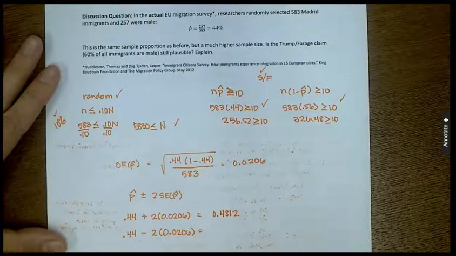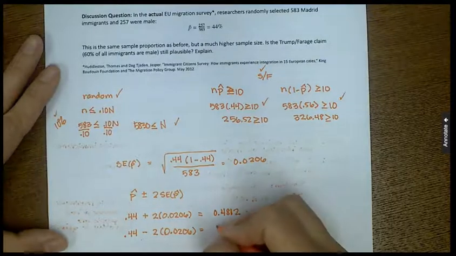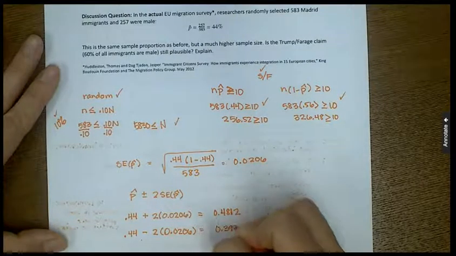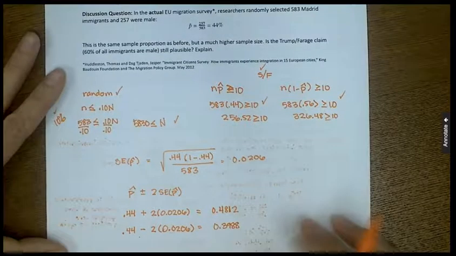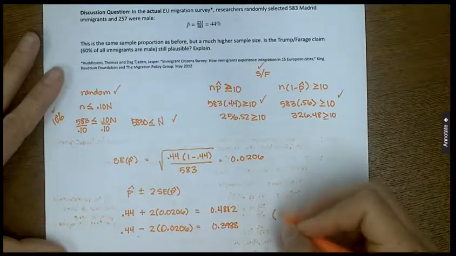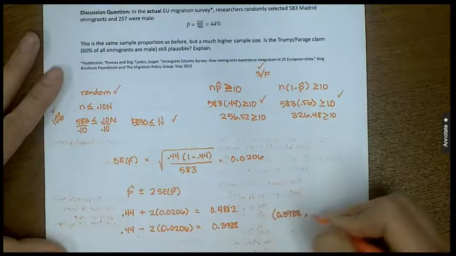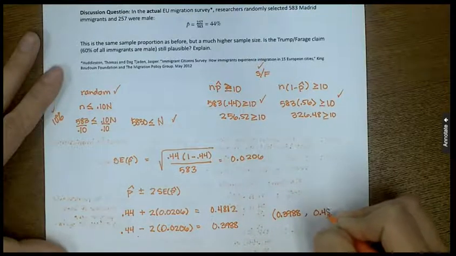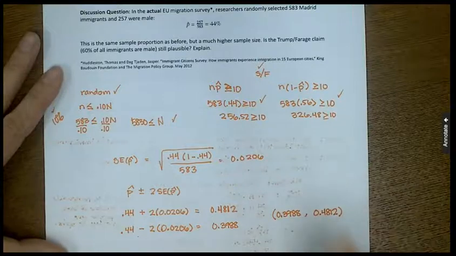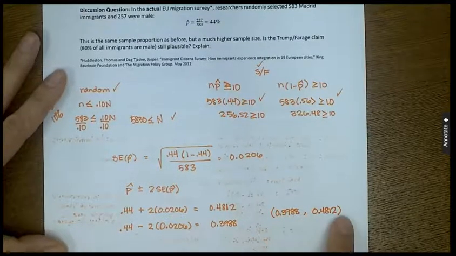For the other one, I'm getting 0.3988. So here's my confidence interval. My confidence interval is from 0.3988 to 0.4812. This is the low end, the high end.